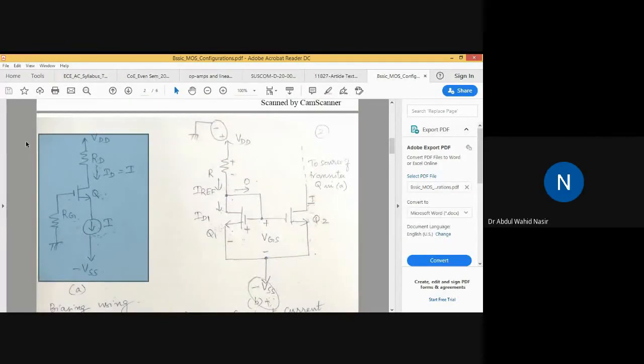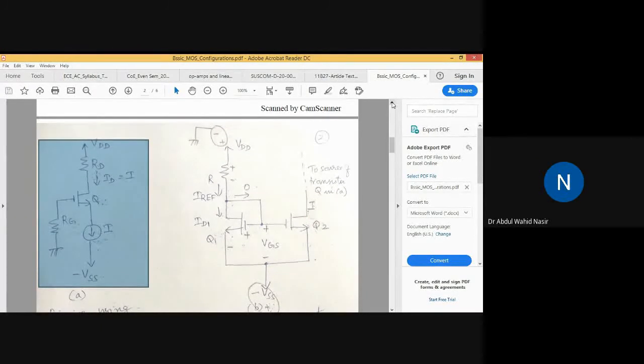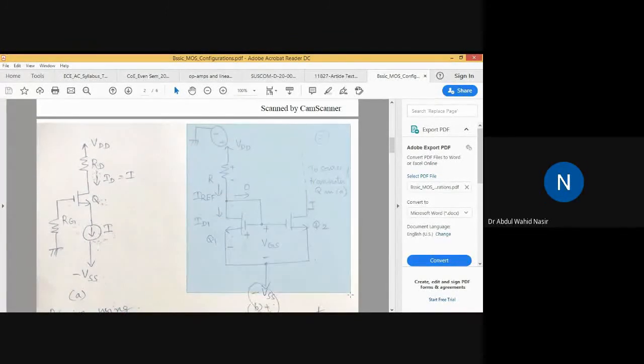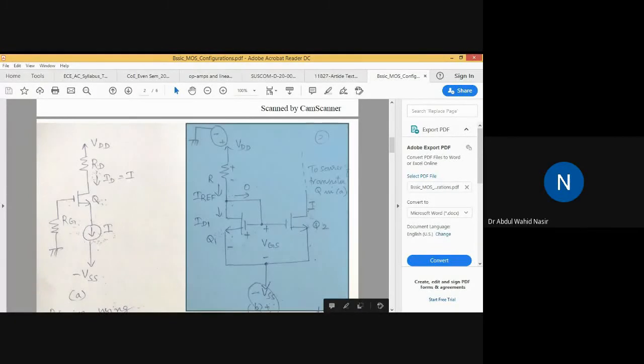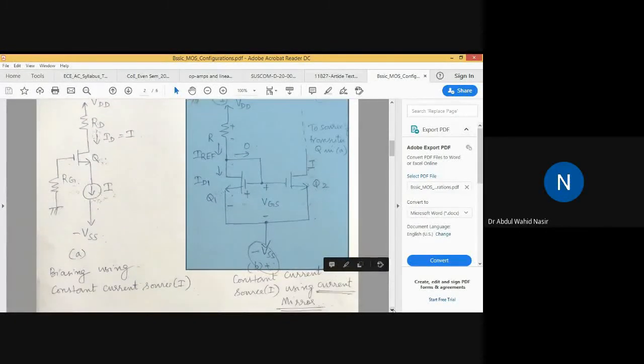This is the basic circuit diagram. Now come to this circuit diagram. What is this circuit diagram actually?